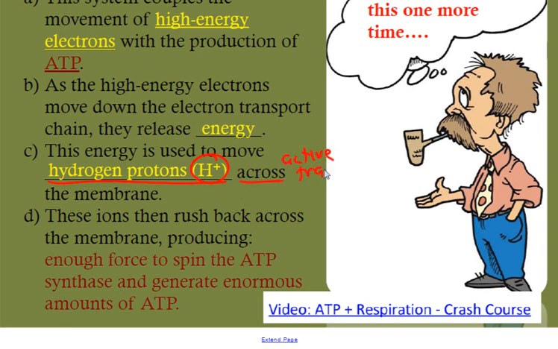That's why we need energy. The ions then rush back, because that's more of a natural thing, across the membrane, producing enough force to spin the ATP synthase and generate an enormous amount. When you're moving things against their will, you're creating a little bit of chaos, and they want to revert back. That movement coming back, that energy is harnessed to add a phosphate to ADP to make ATP, specifically 34 of them.